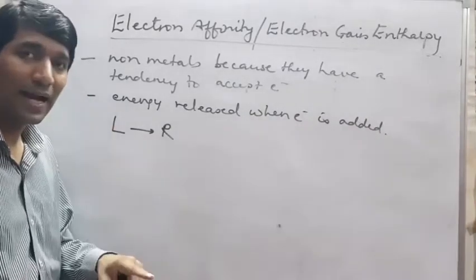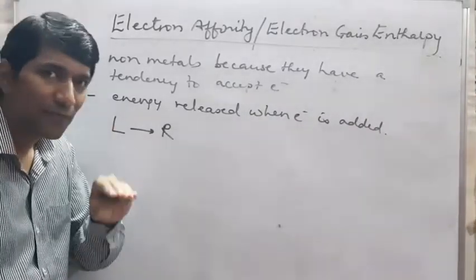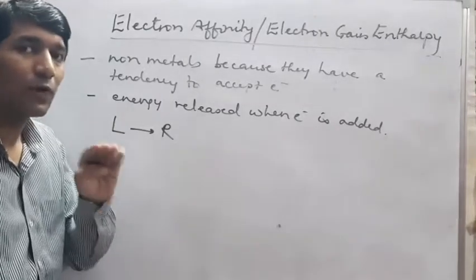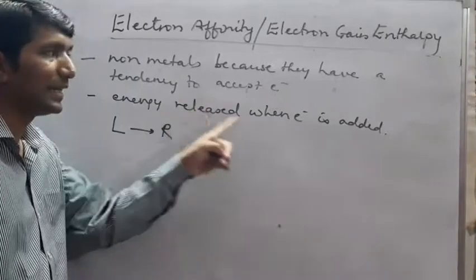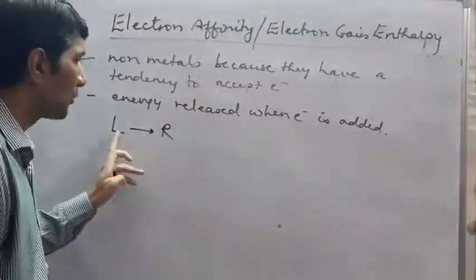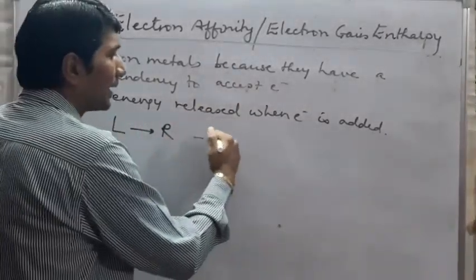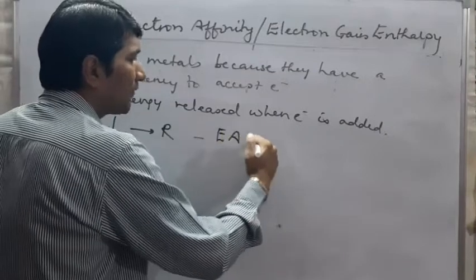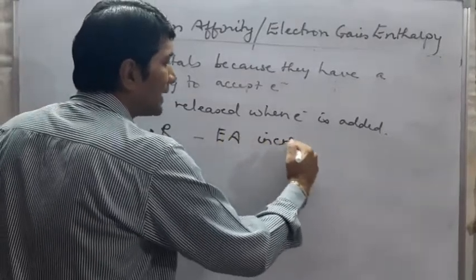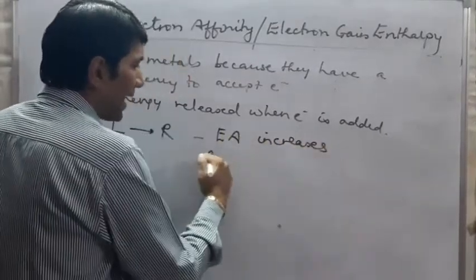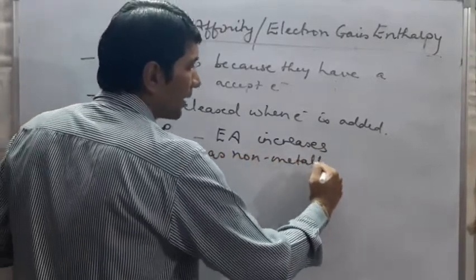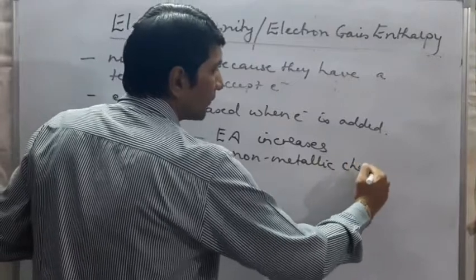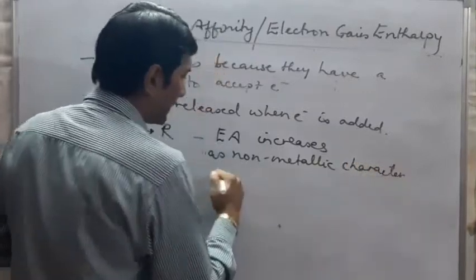Since less effort is required, energy consumed will be less. Therefore energy released will be more. So on moving from left to right, the electron affinity increases as non-metallic character increases.